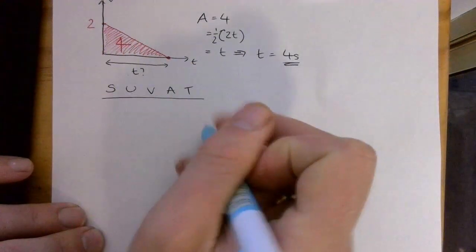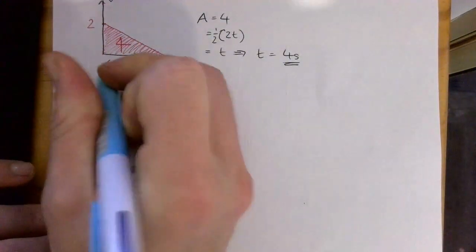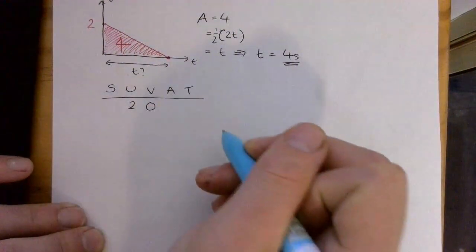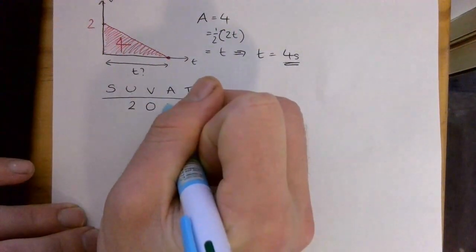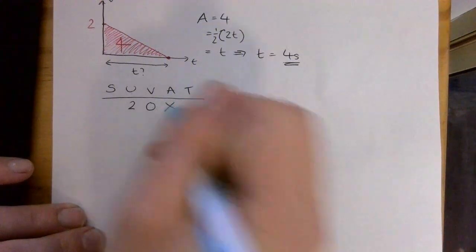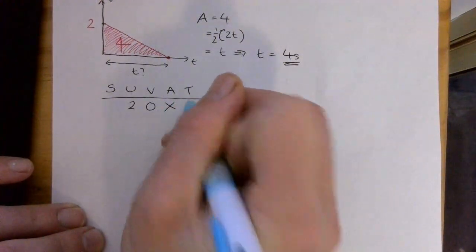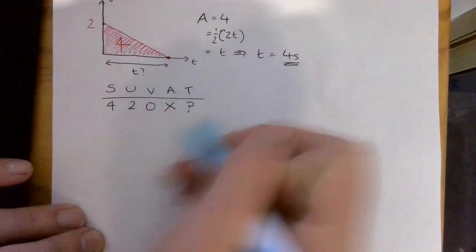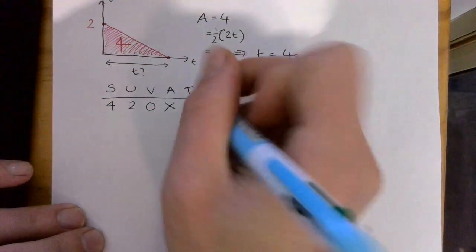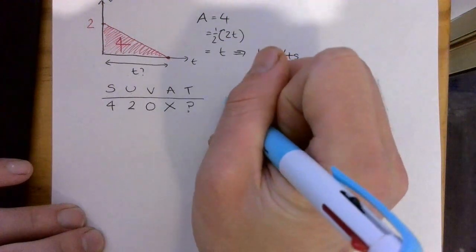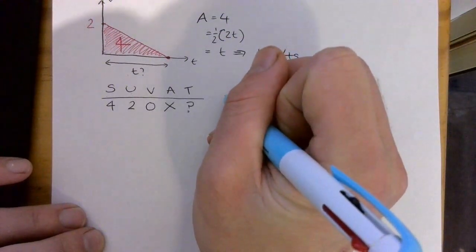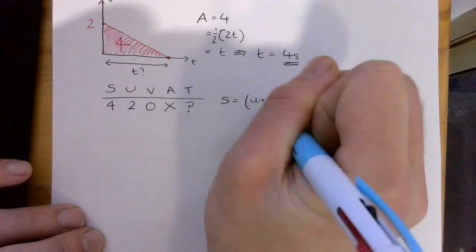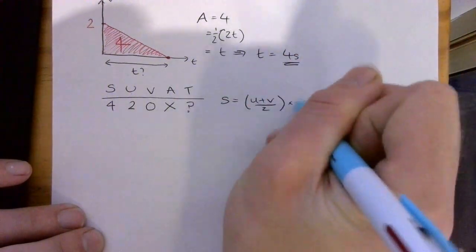And in this question here, we were told the initial velocity was 2. We know that the final velocity we're going to stop at is 0. We don't know anything about the acceleration. We want to know the time, and we know that the distance travelled is 4. So this is our key information, and one of the SUVAT equations that we're going to look at is s equals u plus v over 2 times t.